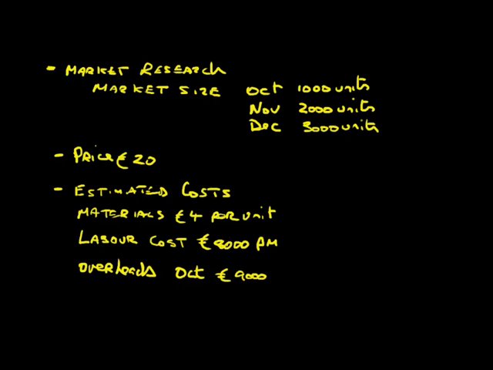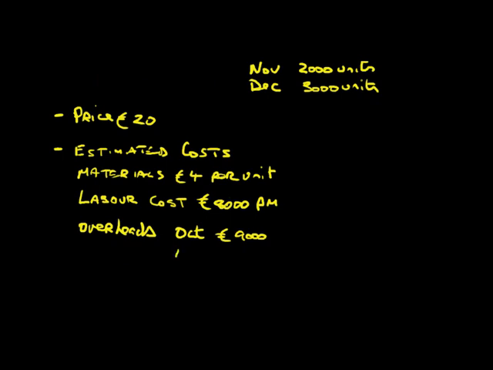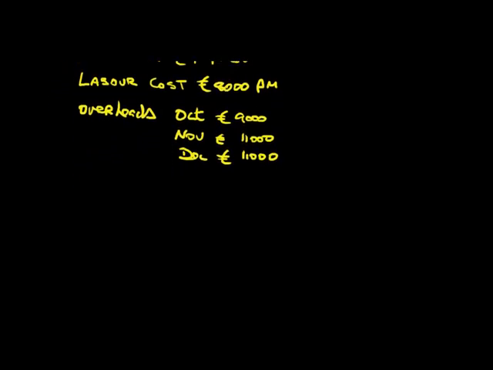In November they will amount to 11,000, and in December they will amount to another 11,000. So these are all our best estimates of what the costs will be in the future, if everything goes according to plan.